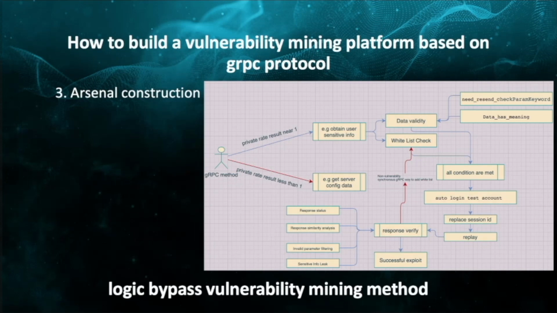Through the sample data of this interface, analyze whether sensitive parameters are included in the response. The rules can be analyzed through regular expressions. If there is sensitive information, it will go into the next process: analyze the validity of the data.